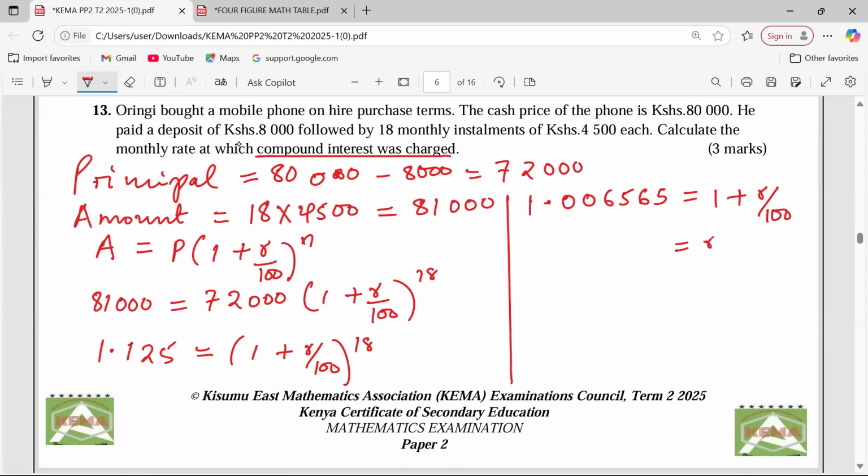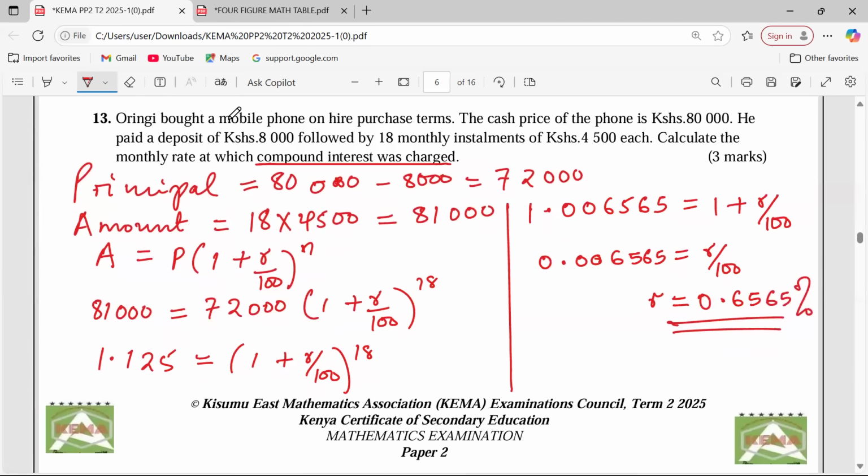So we remain with r over 100 and we subtract 1 so that we have 0.006565. The value of r we multiply by 100, and this gives us 0.6565% to 4 significant figures. So this is the monthly rate of compound interest according to the deal that Oringi entered into.